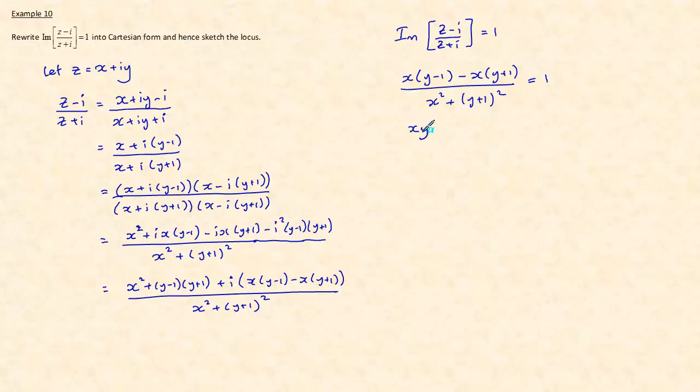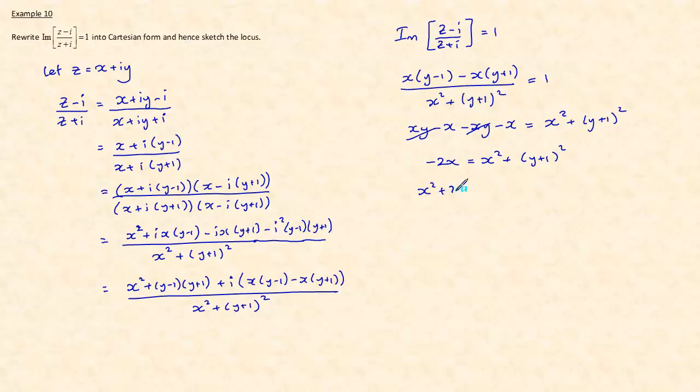So we have xy take away x, take away xy, take away x is equal to x squared plus (y plus 1) squared. So the xy's cancel here, and so we get negative 2x is x squared plus (y plus 1) squared.